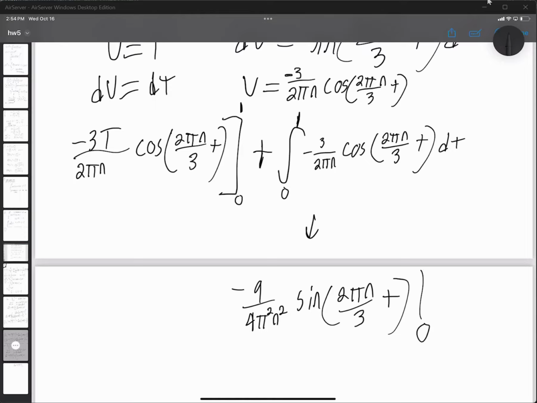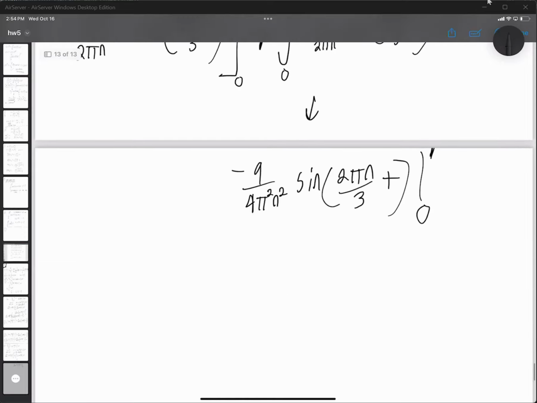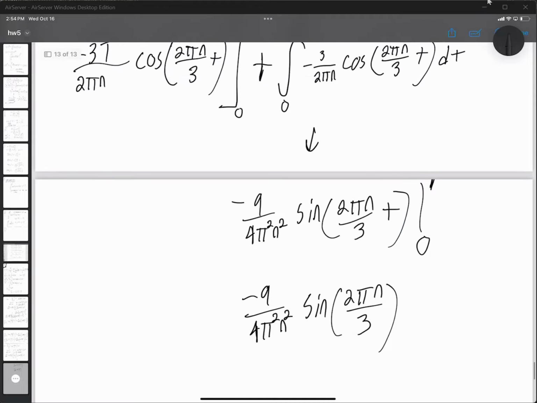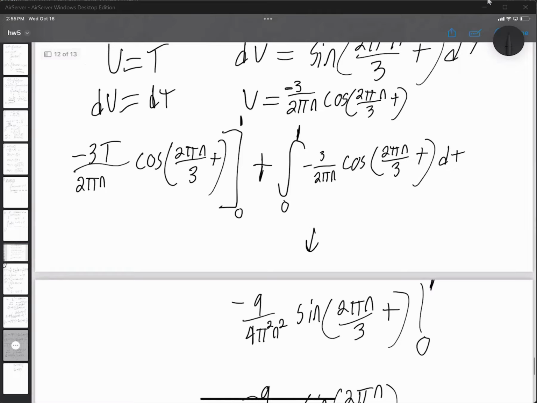Okay, from 0 to 1. Then we'll get sine at 0, nothing. We'll just get negative 9 over 4 pi squared n squared sine of 2 pi n over 3. T is equal to 1 for that one. Minus, it would be 0. So we're not worried about that one, because sine at 0 is nothing.